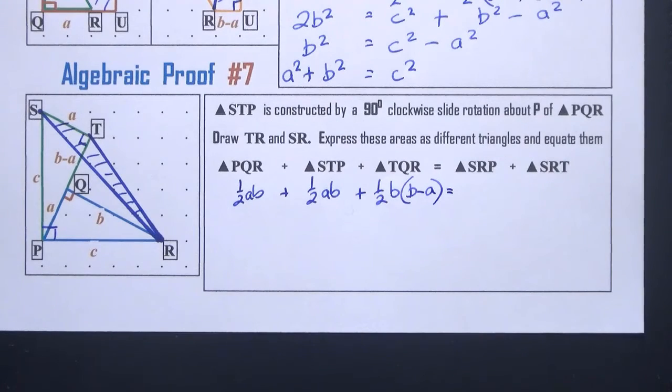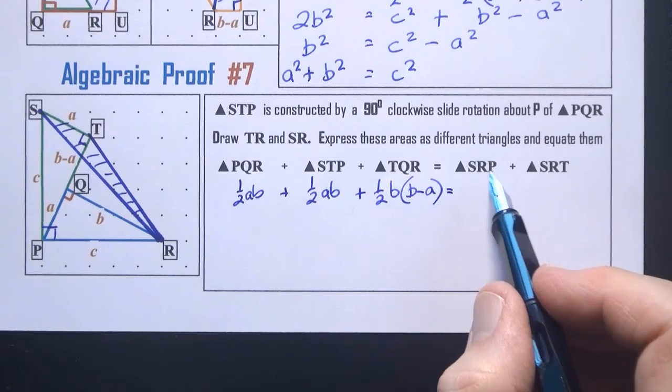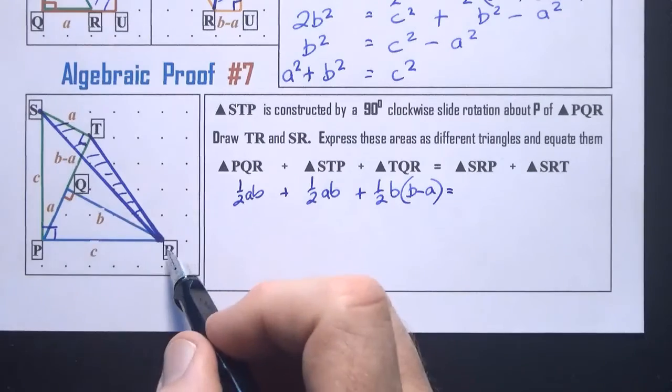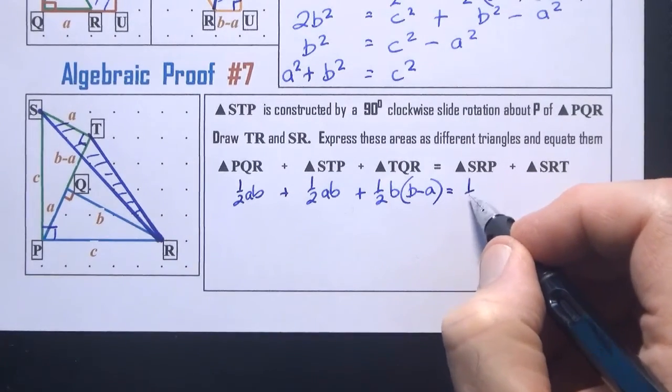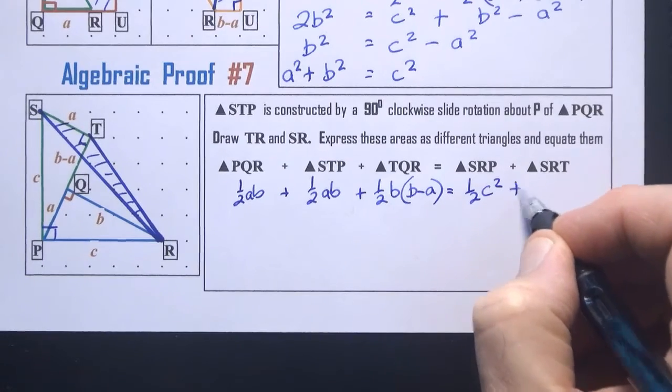And that equals triangle SRP. Well, SRP has a base of C and a height of C, so that's just half C squared.